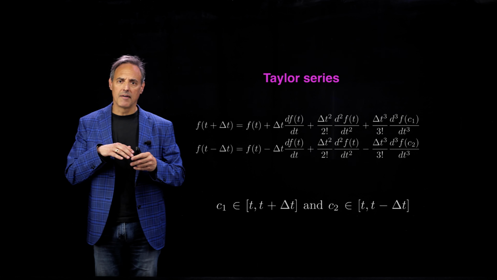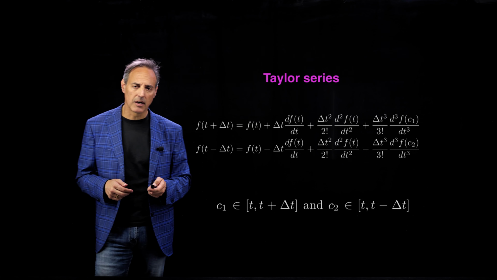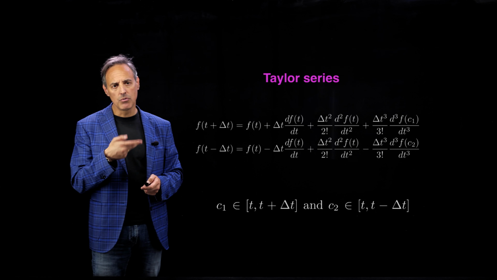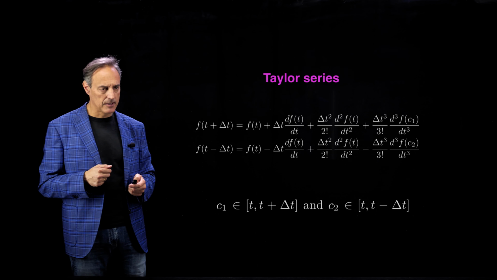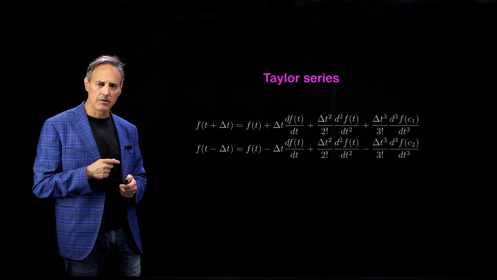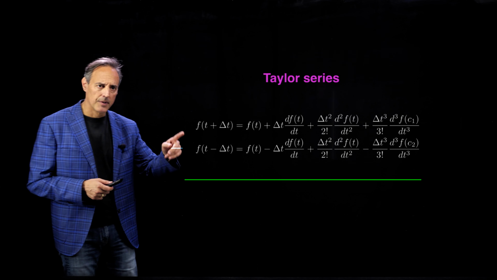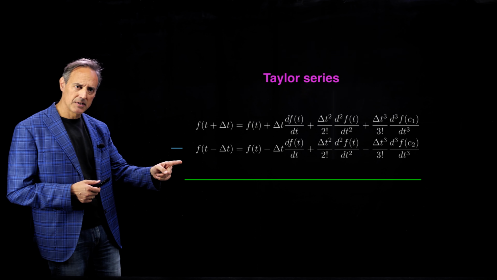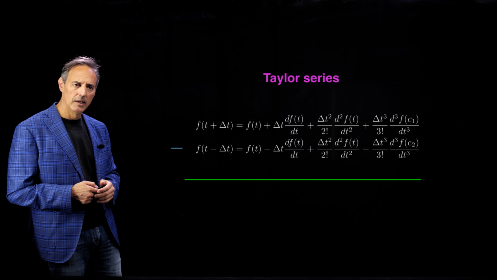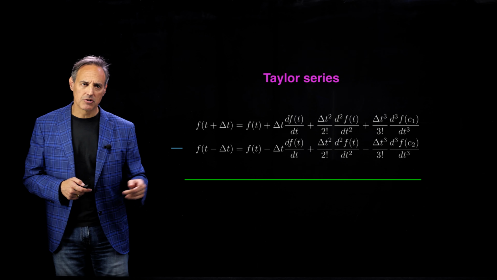And so I've done nothing yet to estimate a derivative. Except now, with these two different formulas, which are exact, I'm going to do something with them. I'm going to take the first formula here, and subtract from it the second formula here. So this is a subtraction of these two exact expressions. So let's talk about what this is going to do for us.